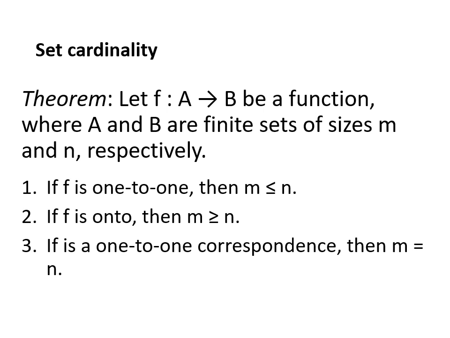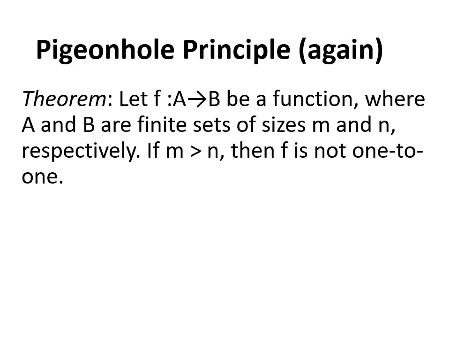Then, if f is one-to-one, then m is less than or equal to n. If f is onto, then m is greater than or equal to n. And if f is a one-to-one correspondence, then m has to be equal to n.